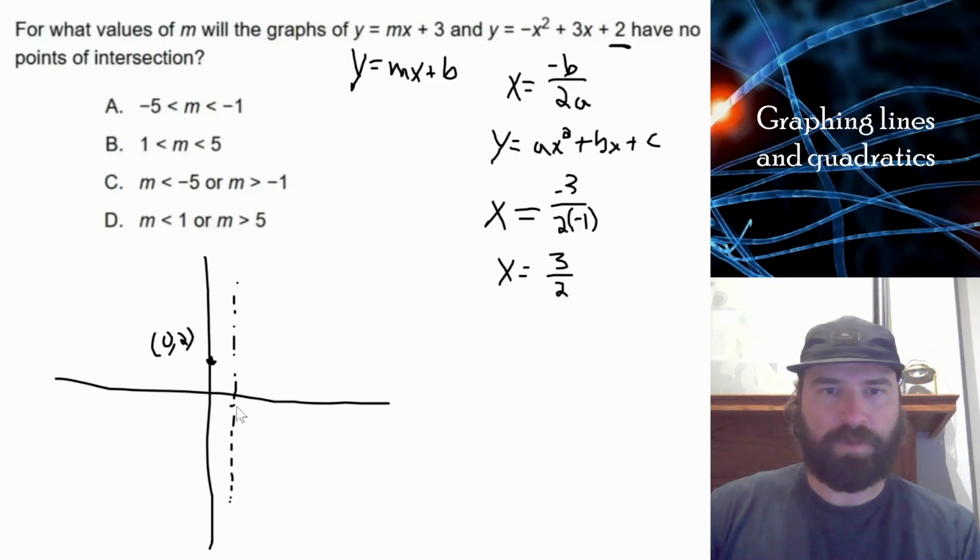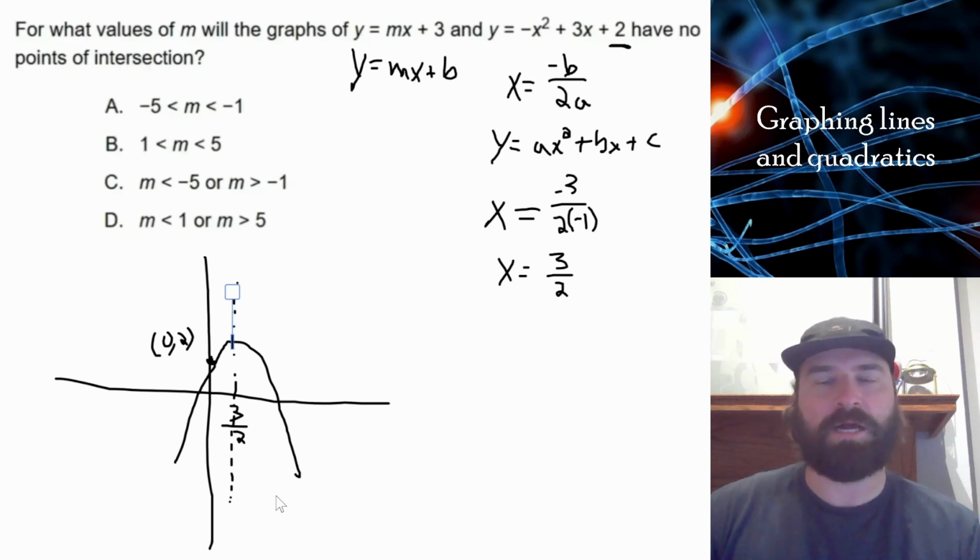And then right here we've got 3 over 2 as our x value. And our parabola is negative, so it's going to be facing downward, which gives it a shape that looks something like this, with the vertex, or highest point of the parabola, falling on our axis of symmetry, the dotted line that I drew there.